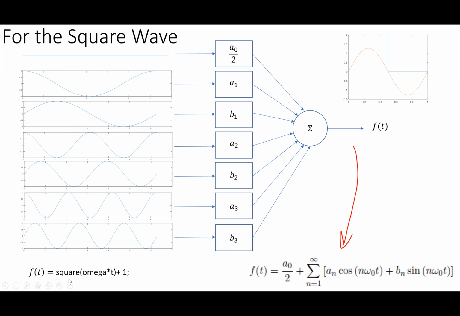So I called square just like I'd call sine, and then I added 1 to it, because square by definition would go from, I think, 1 to -1 if I looked at the definition in MATLAB. So I added 1 to it to shift it up, okay? So what I've done here is I've drawn out what I call my basis.